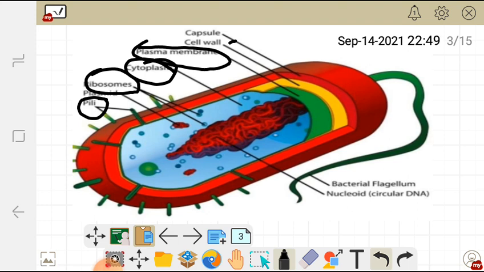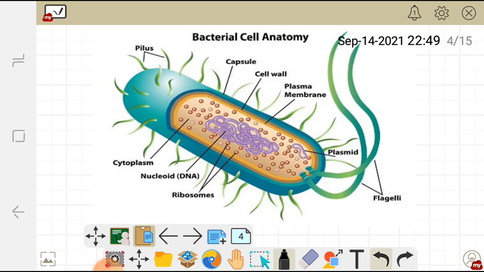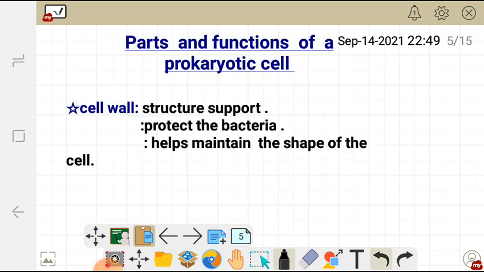We also have the bacterium flagellum, and the nucleoid, which contains the circular DNA. So those are some of the parts of a prokaryotic cell. Now let's look at the parts and the functions of a prokaryotic cell.